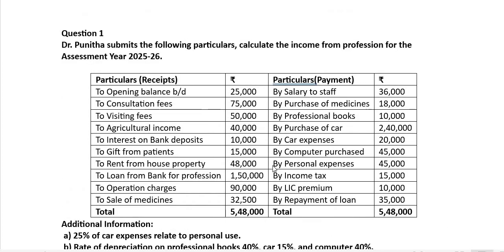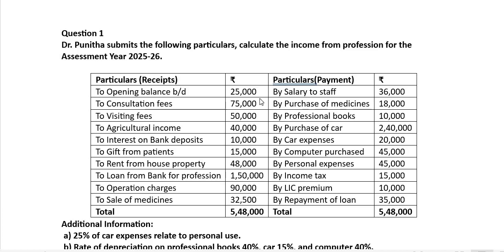Now we will look into the first sum relating to Dr. Puneet. Dr. Puneet submitted the following particulars: calculate the income from profession. If the table starts with an opening balance or ends with a closing balance, they have given you the receipt and payment account.